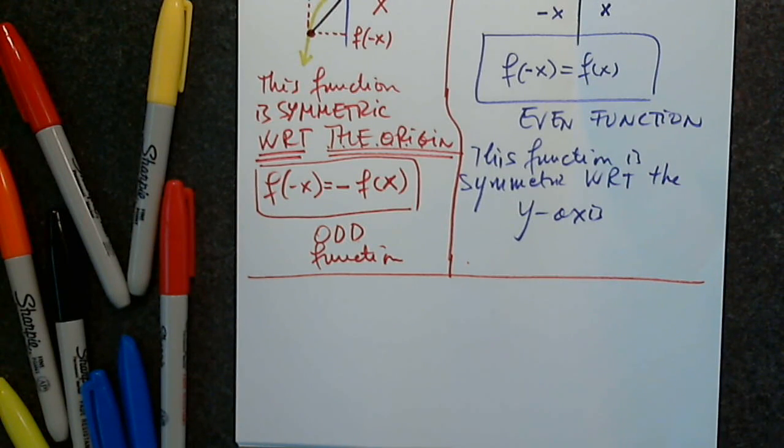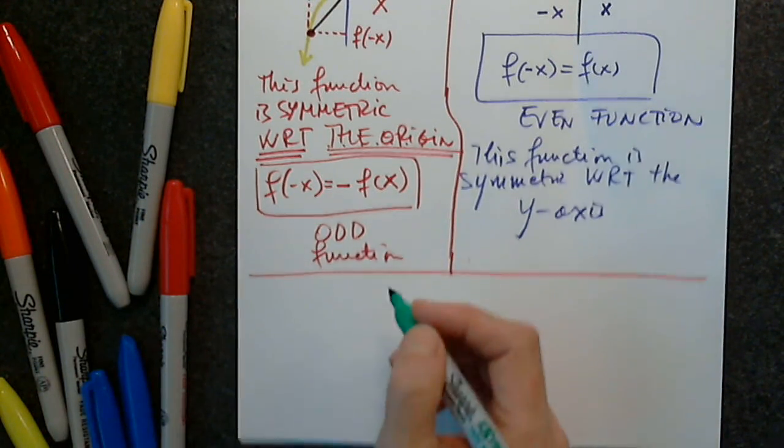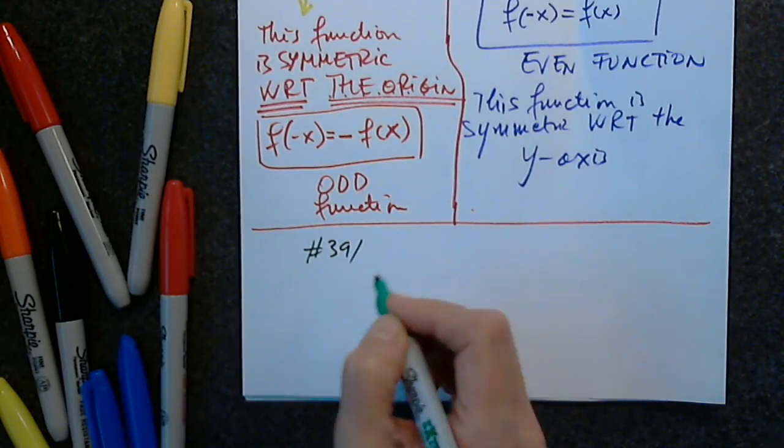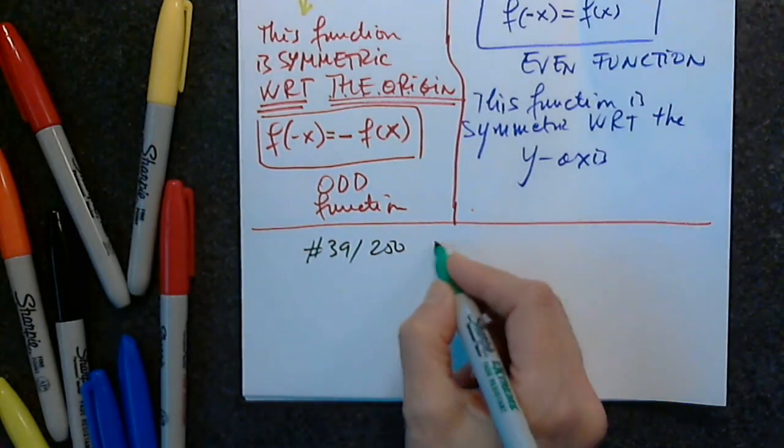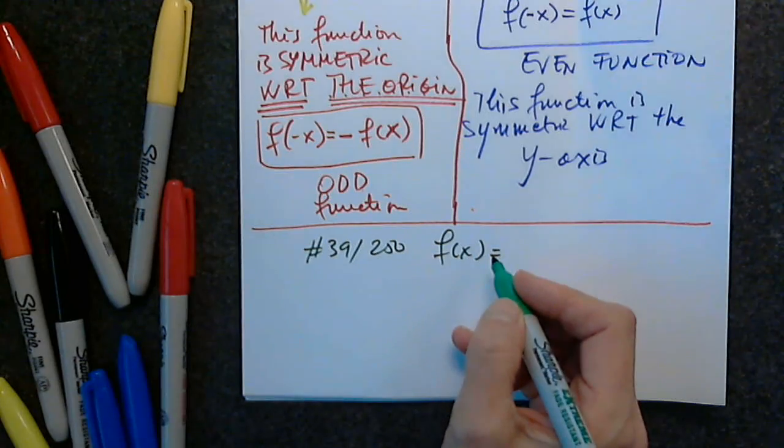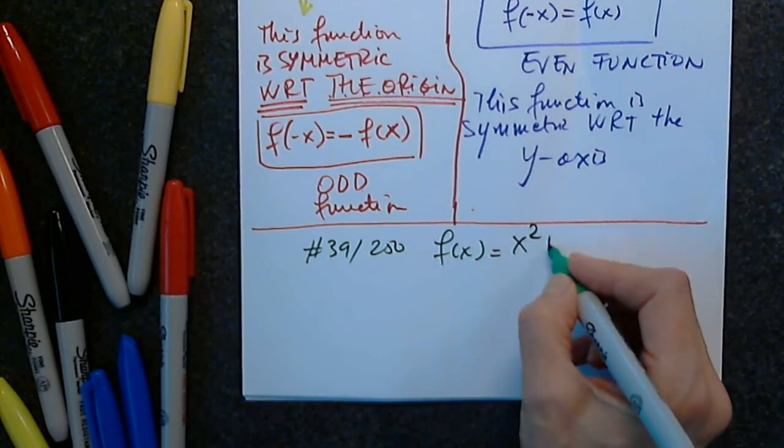We are on page 250. And I would like to look at, let's start with 39 on page 250. And we are given the function f of x equals x squared plus x.